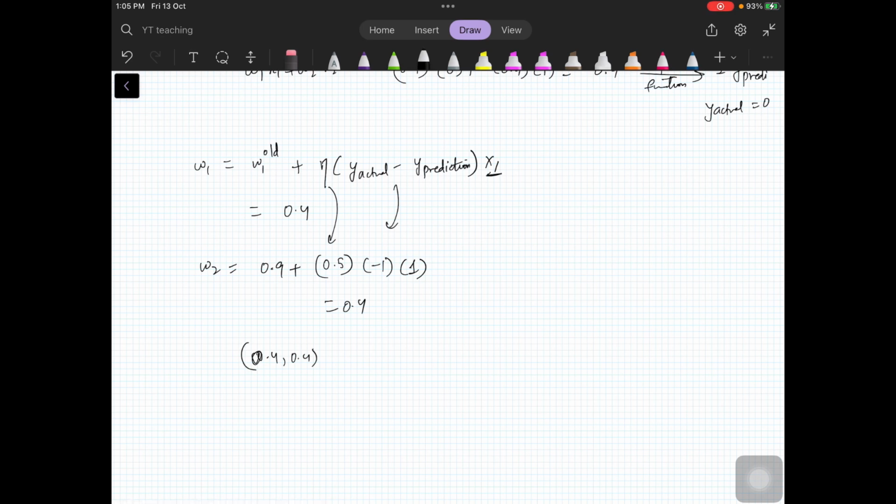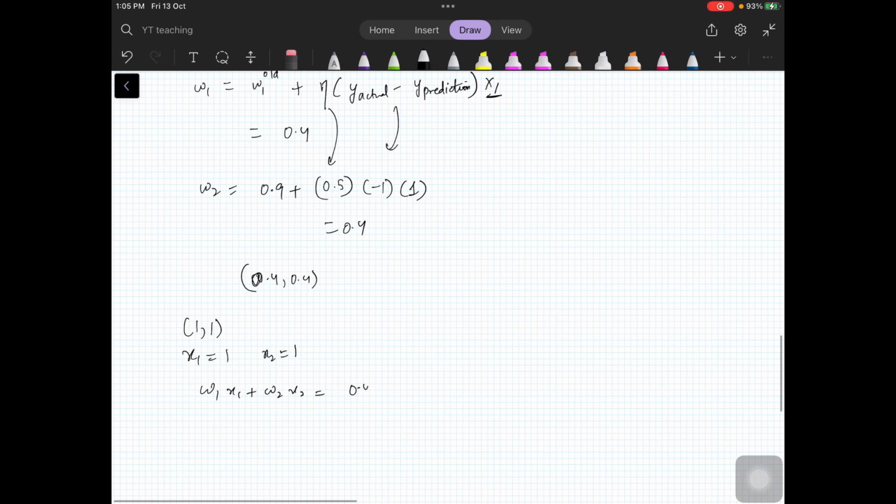You can keep on training your data, right? Now you feed the next instance. So you have 1, 1. When your x1 is 1 and x2 is 1, now your w1 x1 plus w2 x2 would be 0.4 into 1 plus 0.4 into 1, that would be 0.8, which again is greater than the threshold.